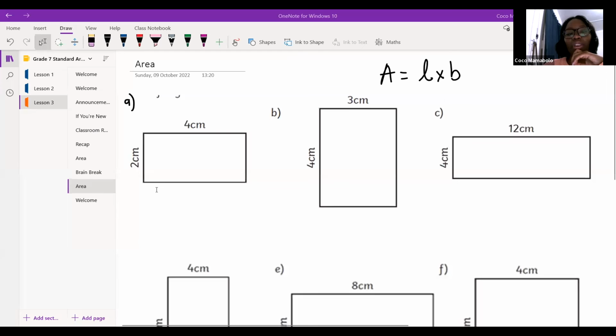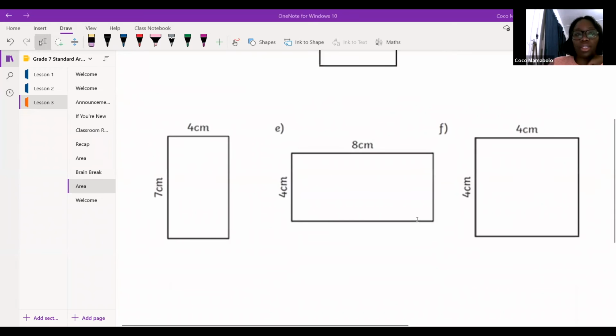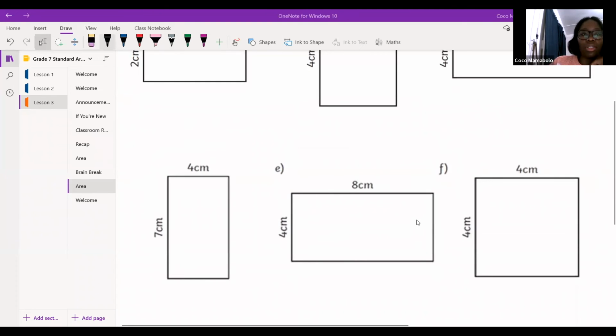Excellent. All right. I think I've got enough. I think most people might be done already. So I'm going to move up and we're going to do D, E, and F. And when you're done with D, E, and F, I need you guys to put the dancing lady emoji in the chat for me, please. Go.